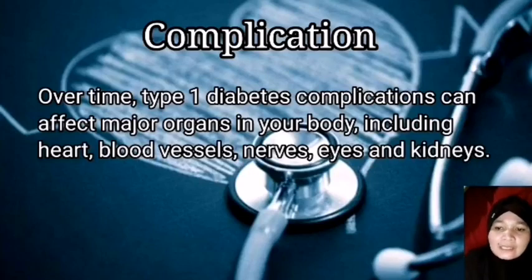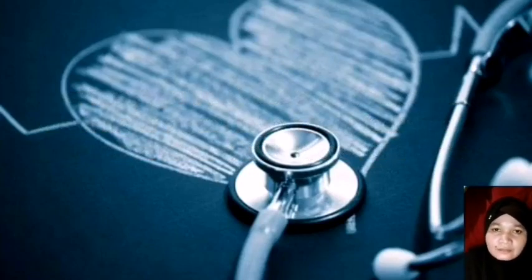Pag sinabi natin glycated hemoglobin A1C test, this blood test indicates your average blood sugar level for the past 2 to 3 months. An A1C level of 6.5% or higher on two separate tests indicates diabetes.